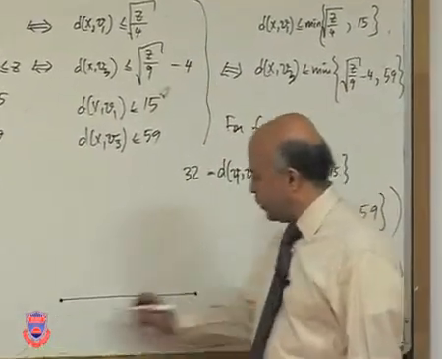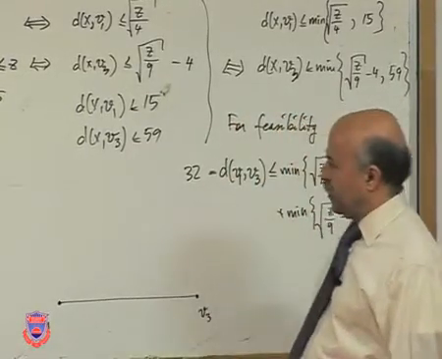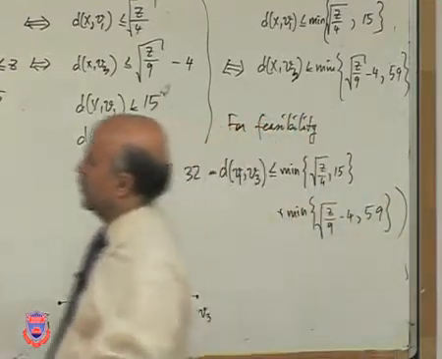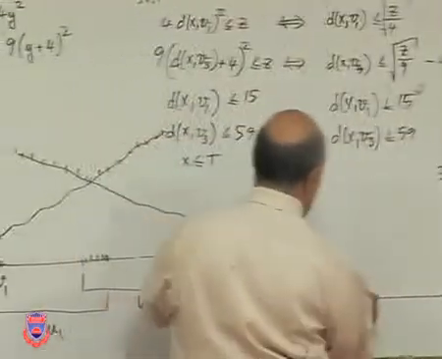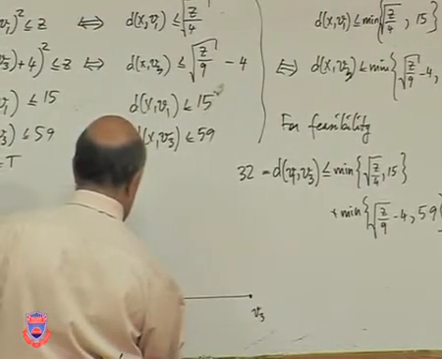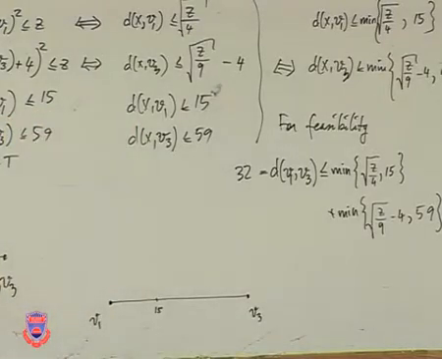If you go with the picture, now the distance constraint for U1 is 15, so you go a distance of 15 units here. This is the mark for 15, value 15 from V1.